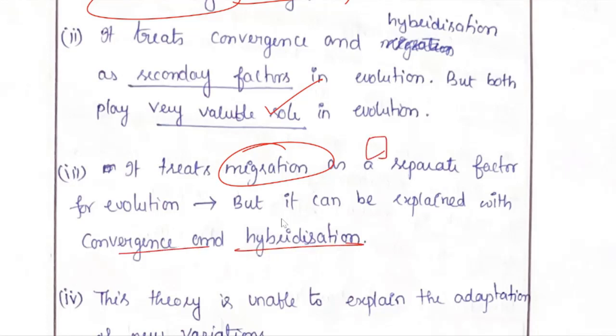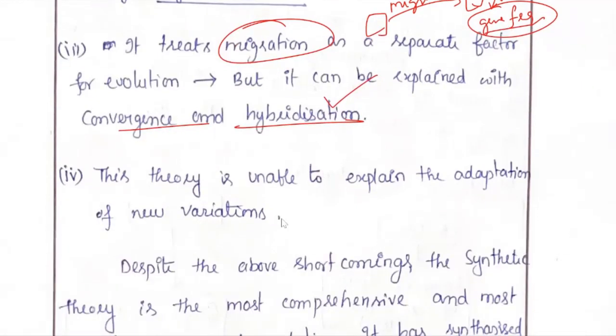For example, when a particular species migrates from one place to another and breeds with the species there, the gene frequency obviously gets overlapped, which can be explained with hybridization. So there is no need to give separate emphasis to migration. And this theory is unable to explain the adaptations of new variations.